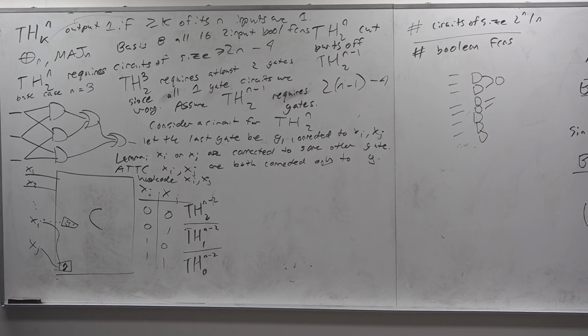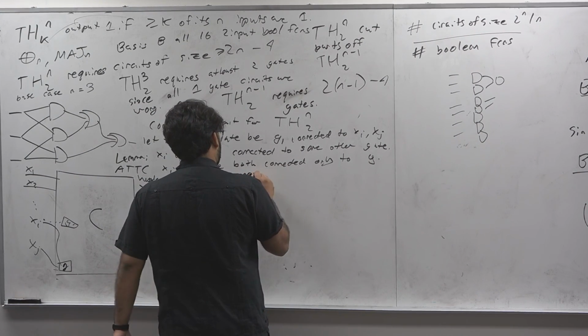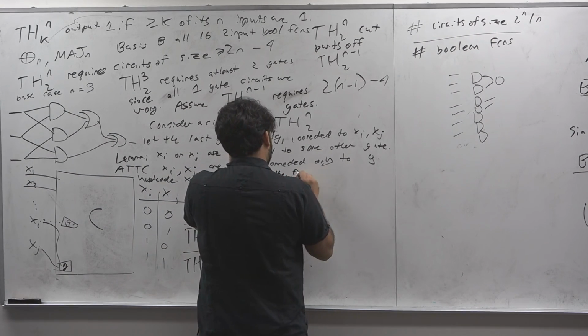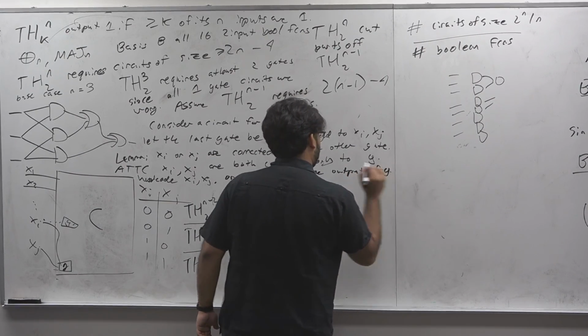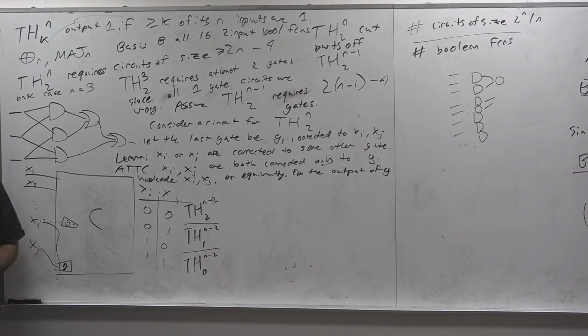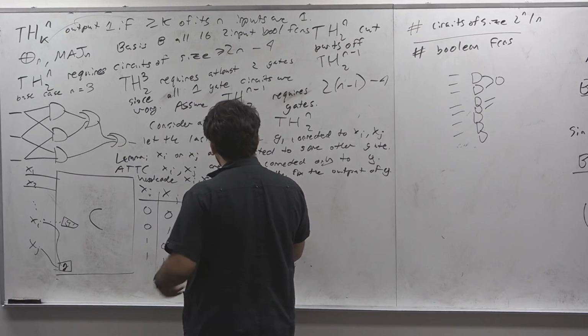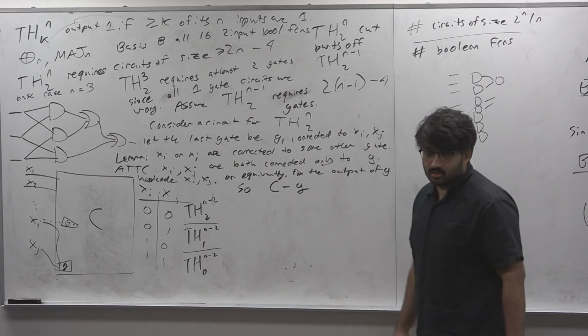Would you agree, if it's the case that xi and xj are wired up only to g, that you can fix xi and xj, or equivalently, fix the output of g? Okay? So, just delete G. So, C minus G is some circuit without that gate G, okay?